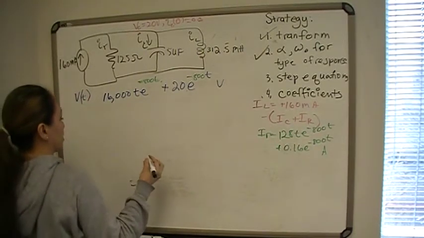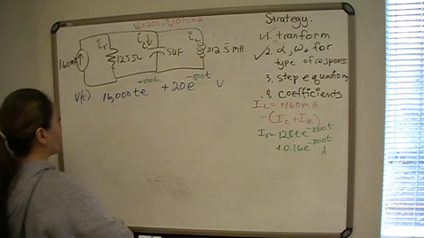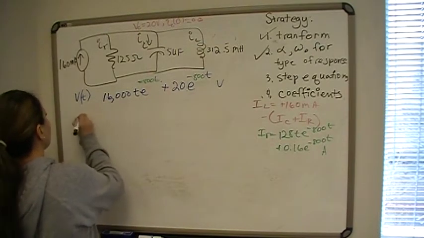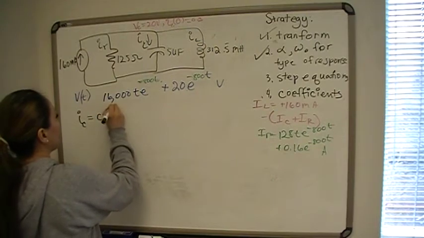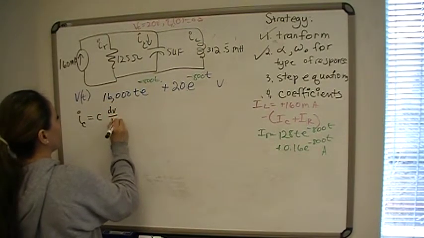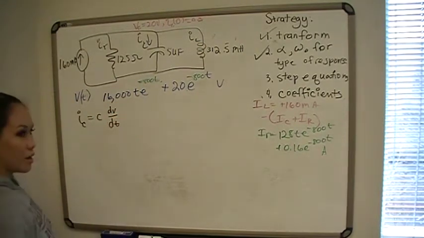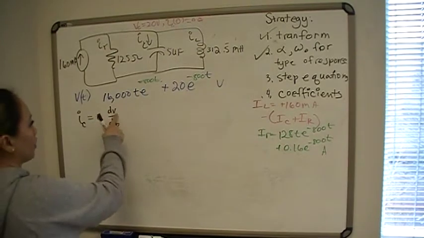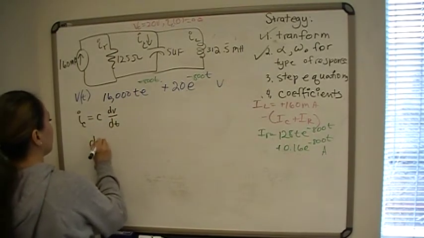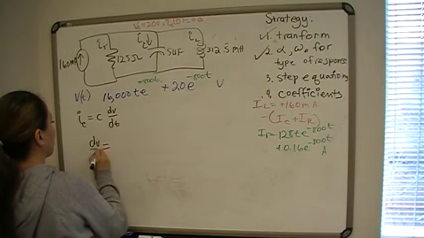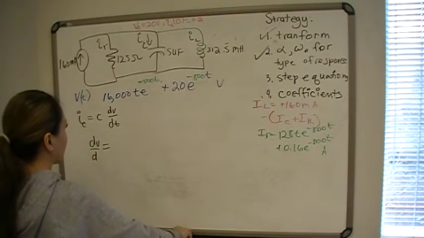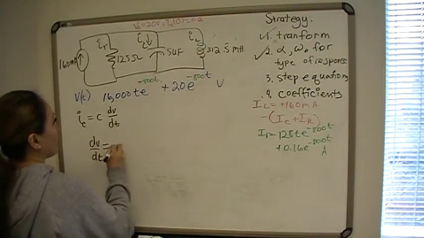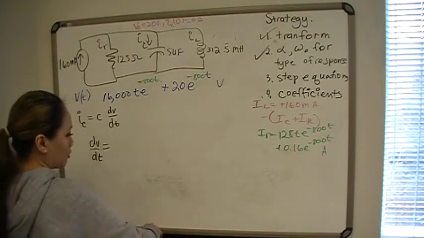The capacitor one is kind of a little bit more of a pain, but it's not too bad. So I sub C is going to be C dV dt. I'm going to park the capacitor for a little bit and just focus on dV dt. dV dt is going to be the derivative of this, which I'm going to do in green so that I don't confuse myself, and then the derivative of that, which I'll do in blue.